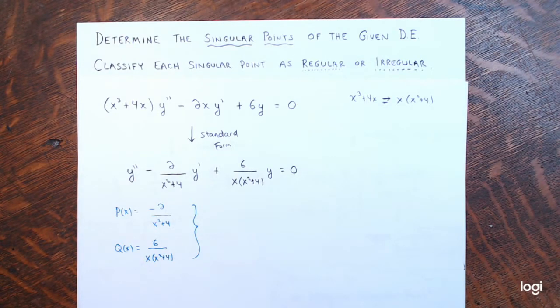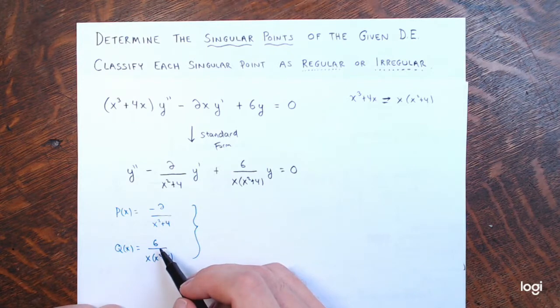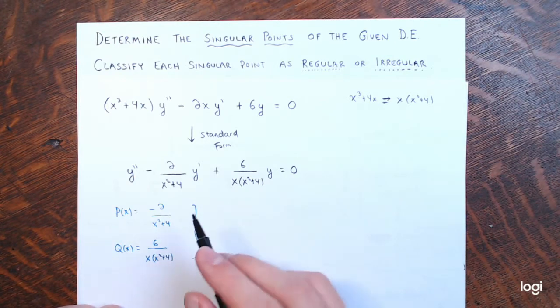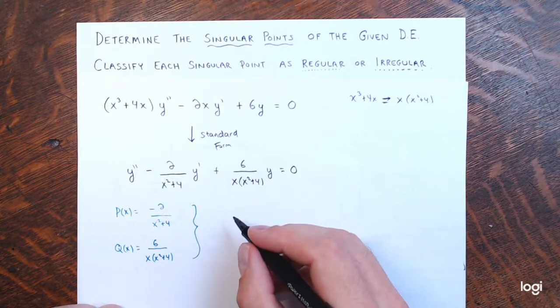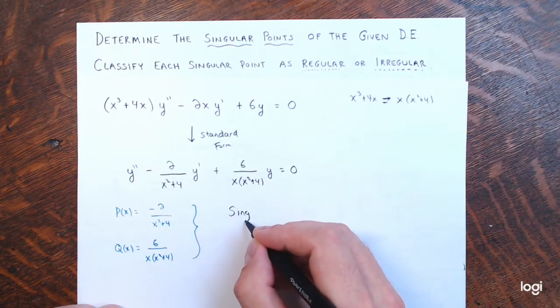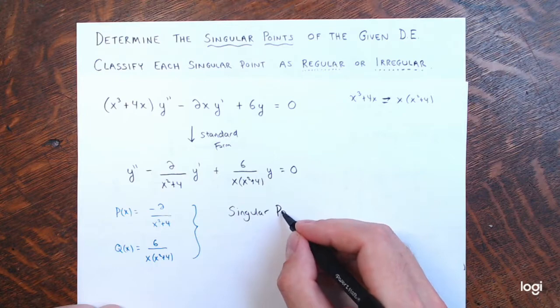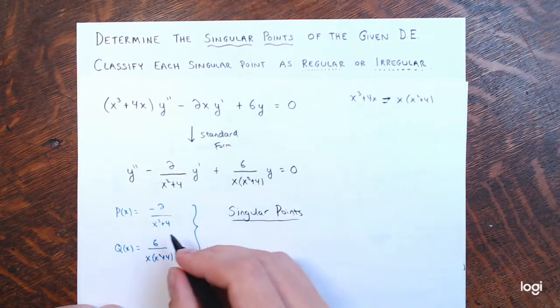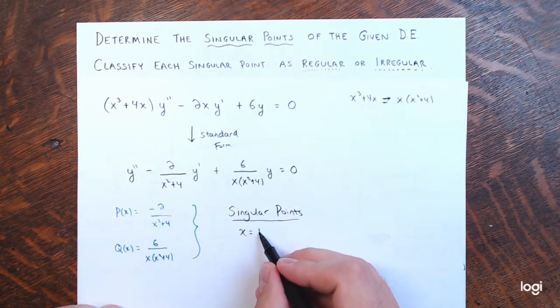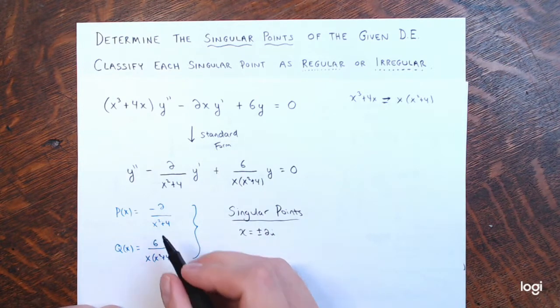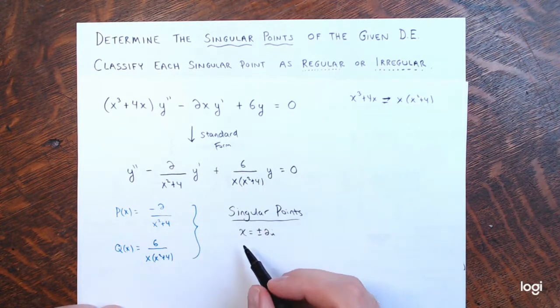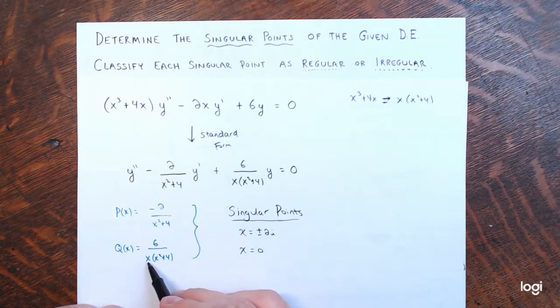So imaginaries will be involved as well sometimes, like in this case. So the only values of x for which these functions are not defined, and being rational, if they're not defined, they're therefore not analytic. We get our singular points at those points, right? So the only place where these aren't defined are 2i and -2i, right? Imaginary would make the x squared plus 4 equals 0, and x equals 0, right? Would make this denominator here 0.